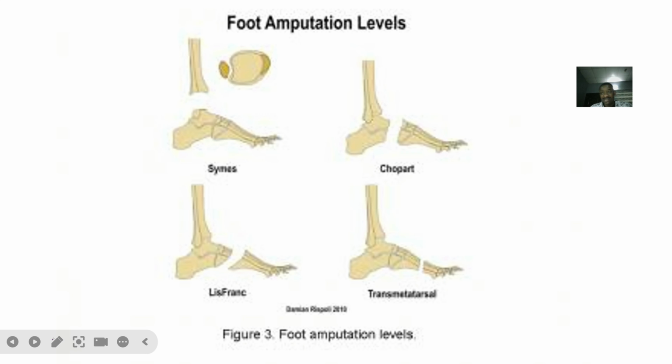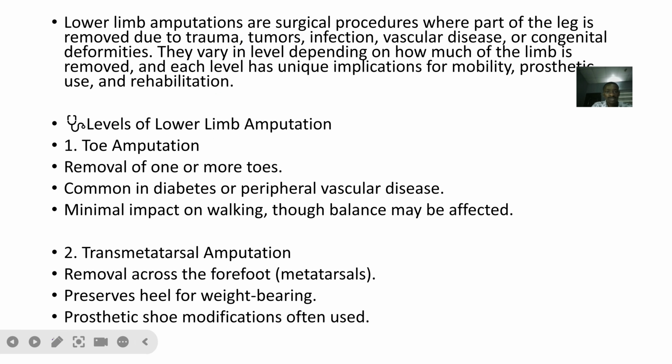Just like I showed you, there are many sites. So they vary in levels depending on how much of the limb is supposed to be removed. And each level has unique implications. If they cut you at different sites, there's also a consequence. There's a degree to how that will affect you.